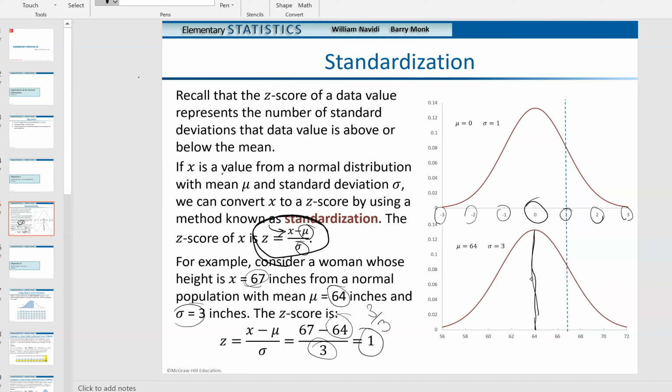They broke this off by 2s when it should be broken off by 3s. But 1 standard deviation away falls right on the 1 here, and this is 1 standard deviation away here, which should be 64 plus 3, so that should be 67, and that's exactly where we are.